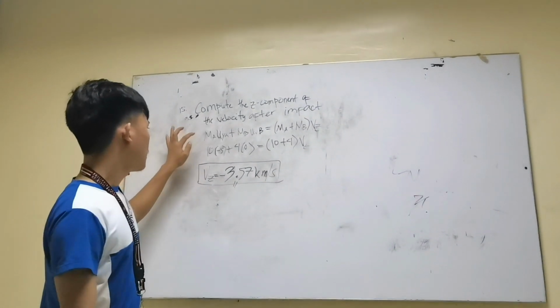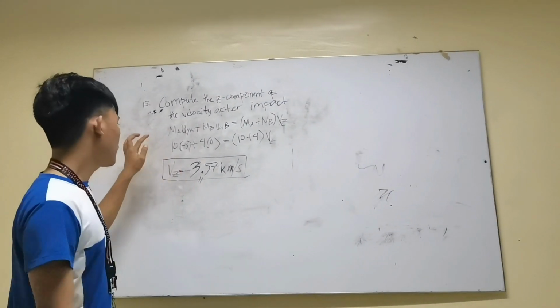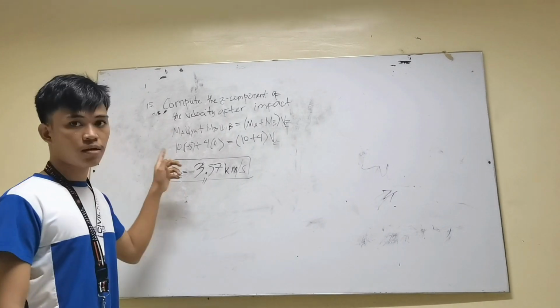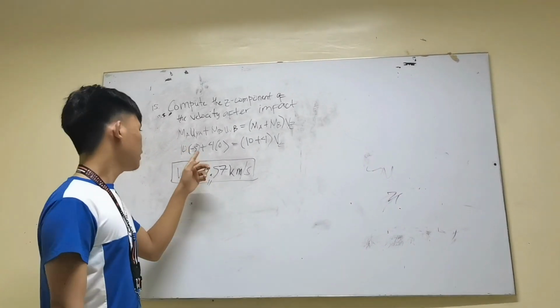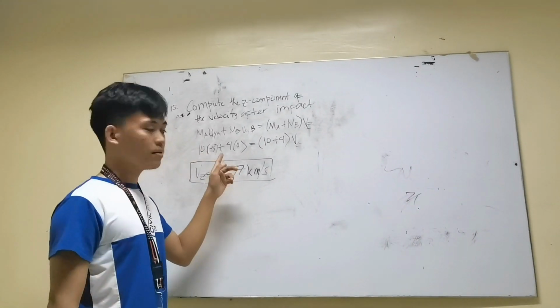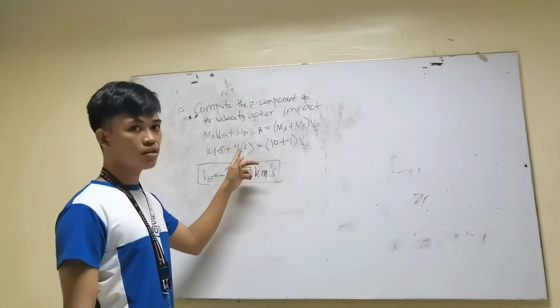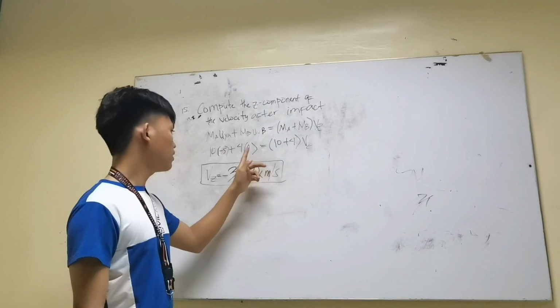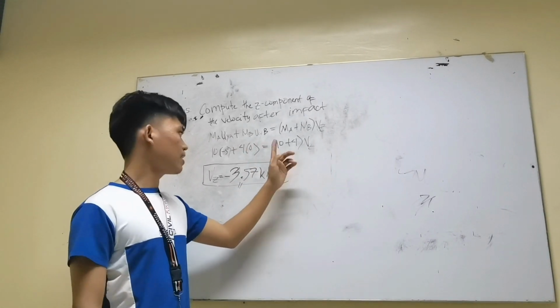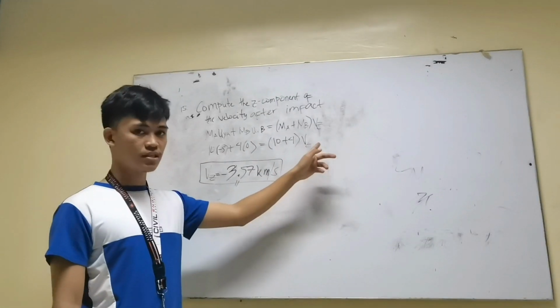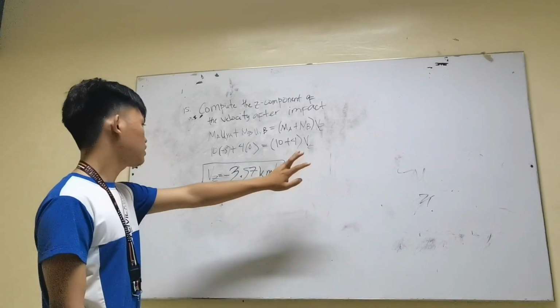So, atong one given is the 10 sa f object A times the negative 5 of y uya plus 4 times 0 equals to 10 plus 4 equals 8 times bz. So, makompute na to sila.